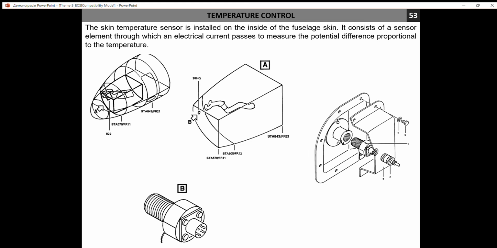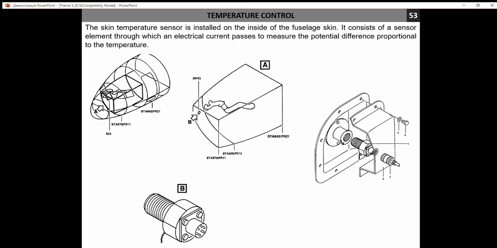But before we talk about the recirculation system, let's discuss a little bit the principle of temperature regulation from the point of view of the gauges that will control the temperature. First of all, in most airplanes we will use skin temperature sensors.